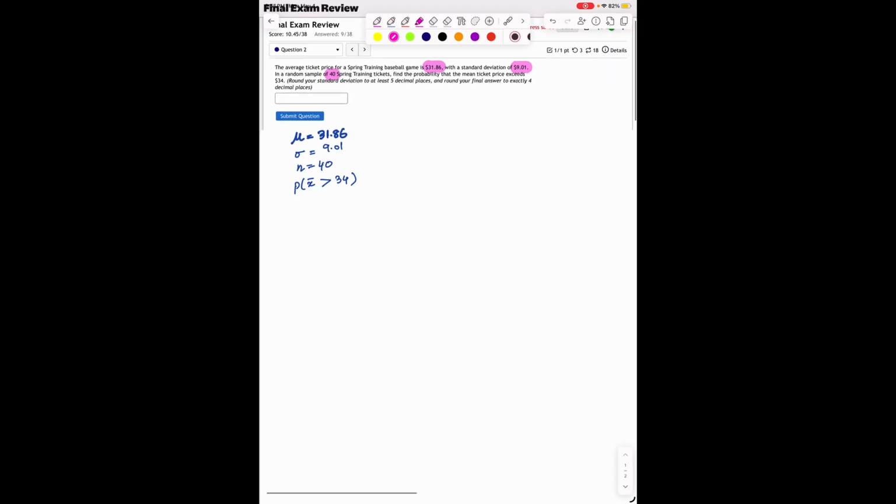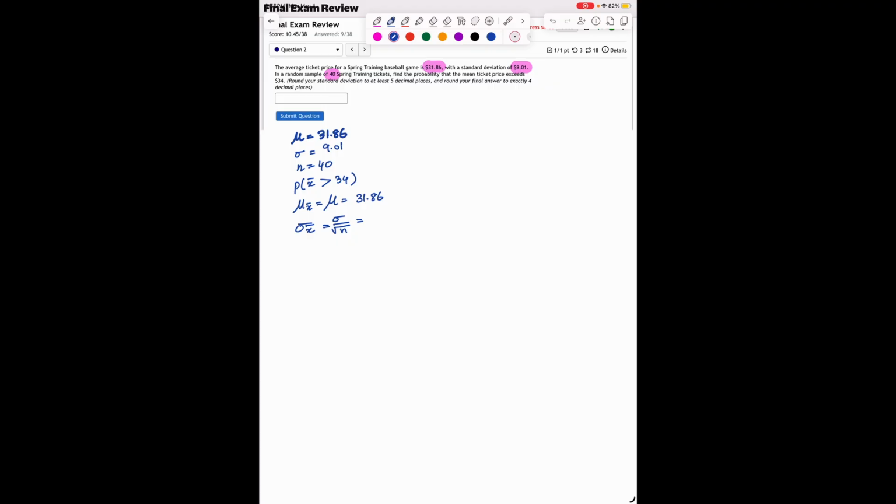To work with the sample mean, we know that the mean of sample means, the notation mu sub x bar, is the same as the population mean, which is in our case $31.86. We know that the standard error, or the standard deviation of the sampling distribution of sample means, the notation sigma sub x bar, is equal to the population standard deviation divided by the square root of the sample size.